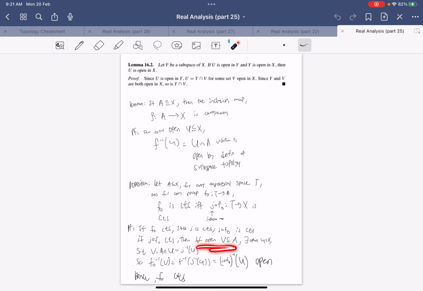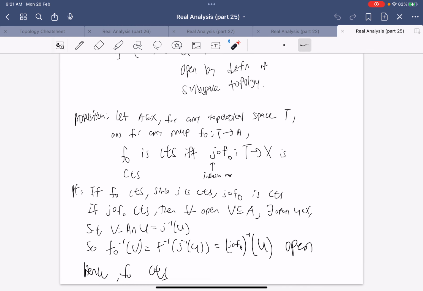Then we want to prove that f0 is continuous. And that means for all open sets in A, you can show the pre-image will also be open. And so you just take an open set in A, which equals A intersecting an open set U in X, and this is really the pre-image of U under the inclusion map.